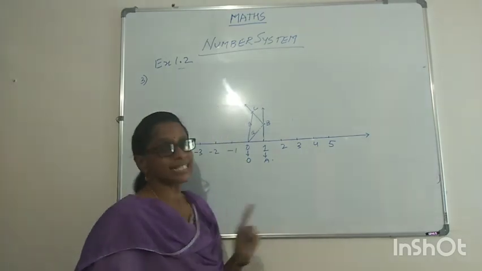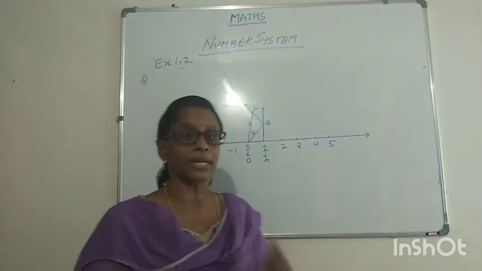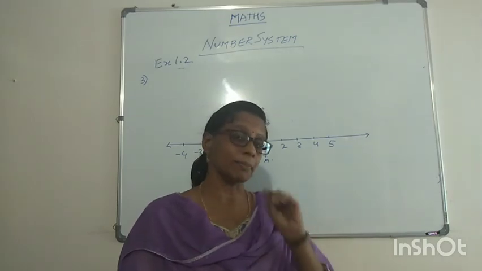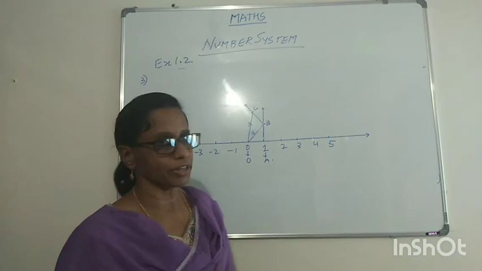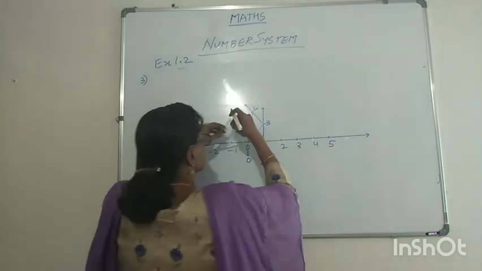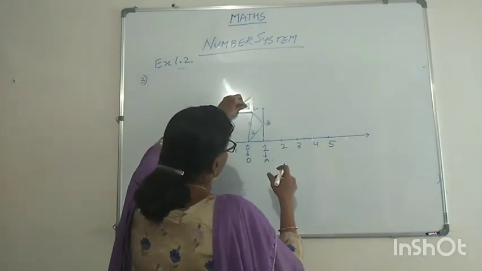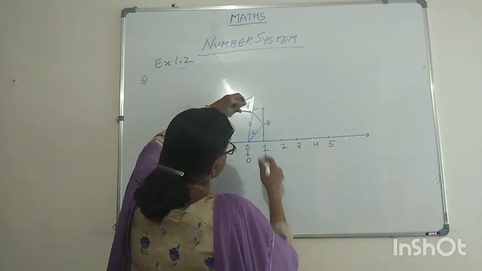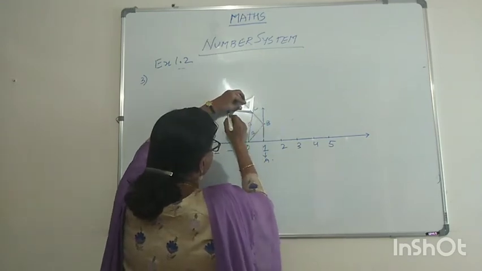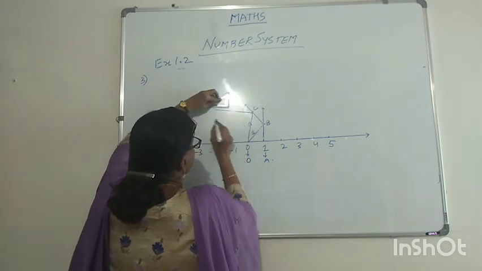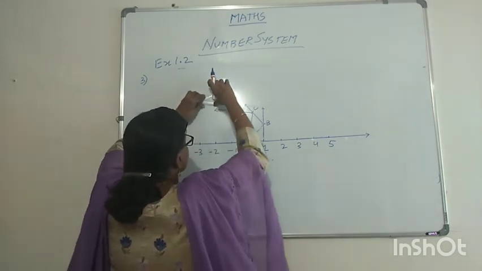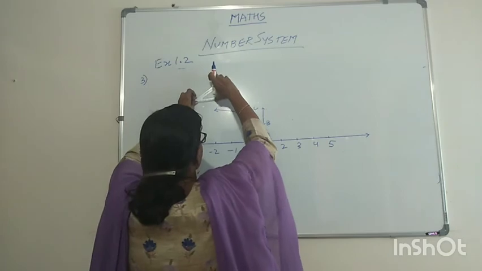Now what we are going to do is, since we have got OC, we have to draw a perpendicular at OC. Again, you can take your protractor and do it, or we do it with our set square. And let's have the same measure as we had before.